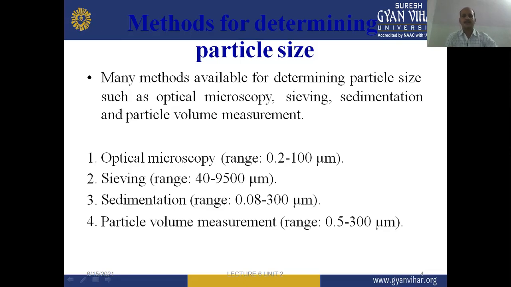Similarly, in the sieving method, the particle size can be determined in the range of 40 to 9500 micrometers. In the sedimentation method, the range of particle size is 0.02 to 300 micrometers. The last method is known as the particle volume measurement method or Coulter counter method, and the range of particles which can be determined with it is 0.5 to 300 micrometers.